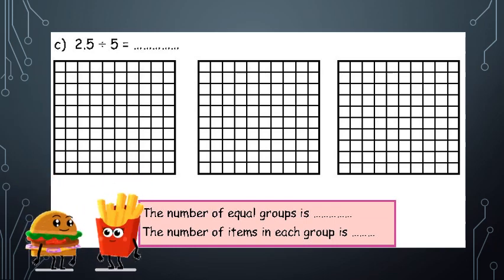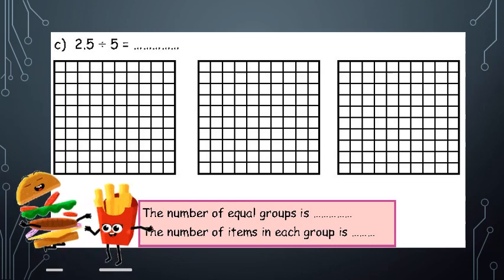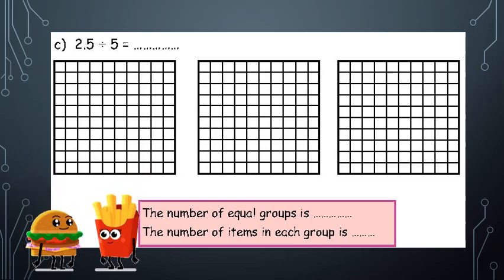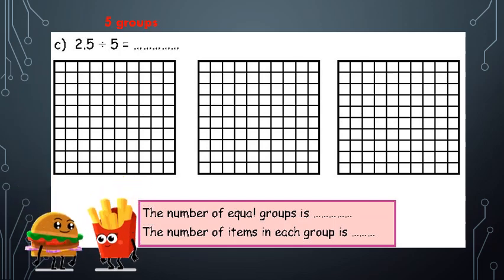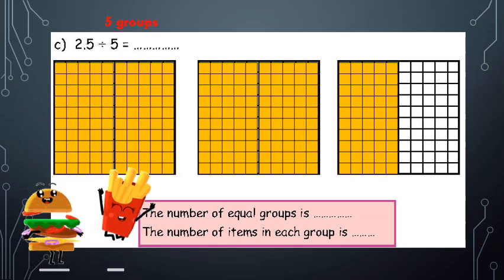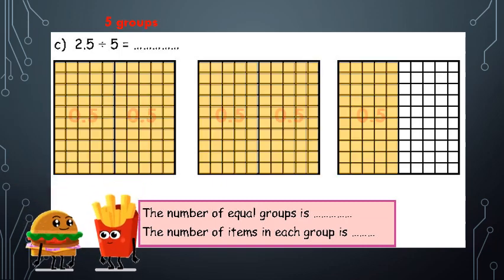2 and 5 tenths divided by 5. That means 2 whole and 5 tenths. We'll divide it into 5 groups. So we color 2 whole and 5 columns, 5 tenths, and we divide it into 5 groups.